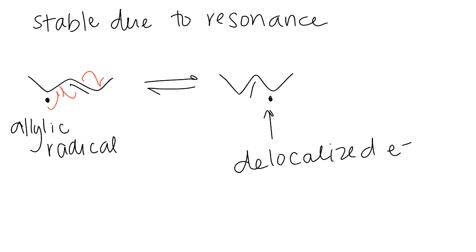If we're looking at a product that is unsymmetrical, unlike the example that I just drew, we're going to see two products because it's going to have two different radical intermediates. Let's say, for example, that we're looking at this compound. We have this double bond here. In this case, we only have one allylic position based on what we just saw.